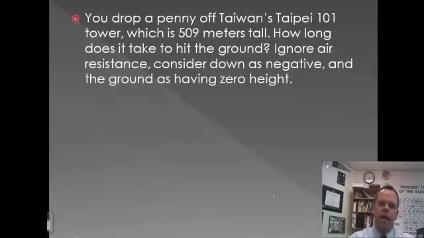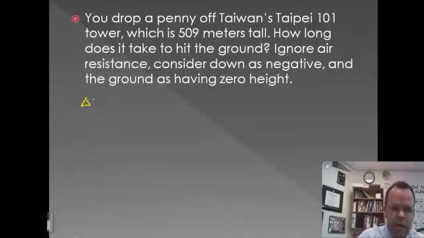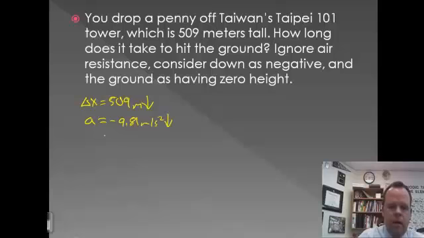Okay, you drop a penny off of Taiwan's Taipei 101 tower, which is 509 meters tall. How long will it take to hit the ground? So in this case, I know my displacement is 509 meters down. My acceleration, negative 9.81 meters per second squared down. My initial velocity, since it's dropped, is 0. And I'm looking for my time.